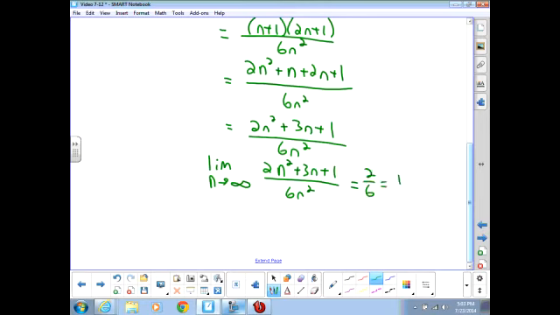So we have 2 over 6, which is just 1/3. So we just showed algebraically, using our limits, that in fact, that right-hand endpoint sum of our rectangles, as n gets huge, is in fact going to approach 1/3. And you could show it with the left-hand one as well, but we're just going to show it with the right-hand one.